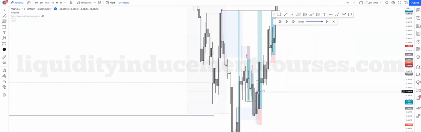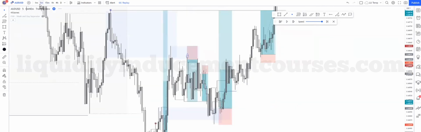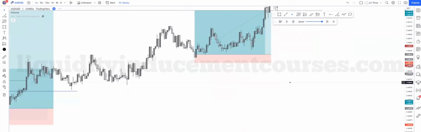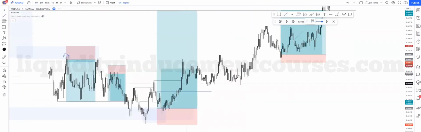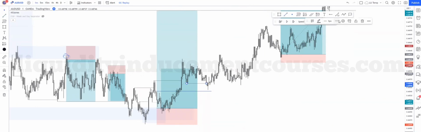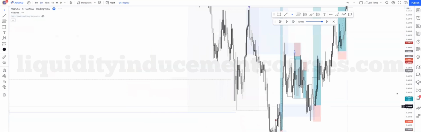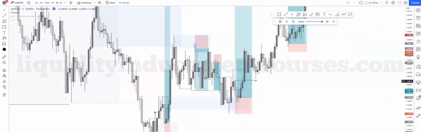It's a 15-minute imbalance. The liquidity was here. That's the inducement. The closest thing was. Oh, okay, I see it. It was this right here. It was a 5-minute imbalance for price action. All right, cool.